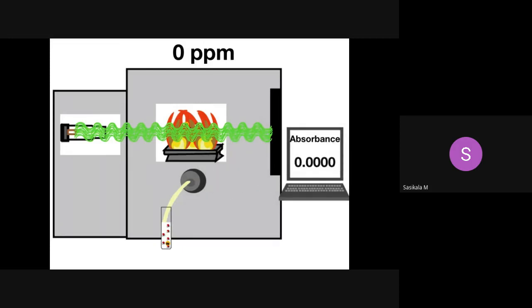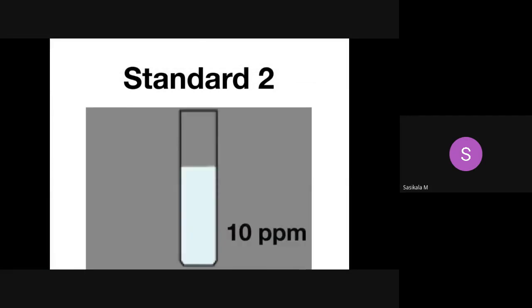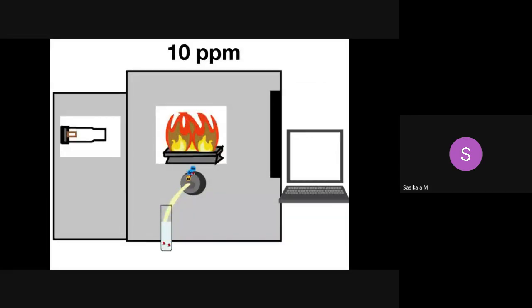Next, standard 2 will have 10 parts per million of sample solution, which has atoms. In the flame, it is converted to gaseous atoms that will absorb, so the intensity of radiation coming from the source will be reduced. So an absorbance of 0.1799 will be obtained.